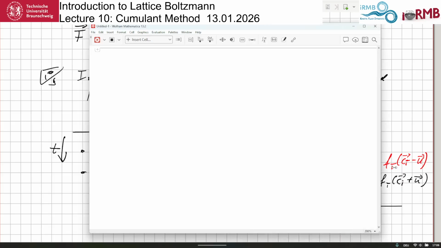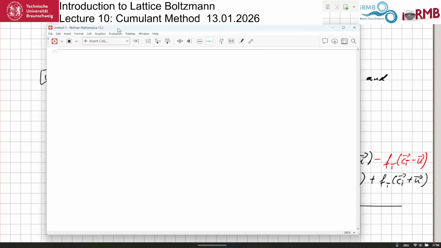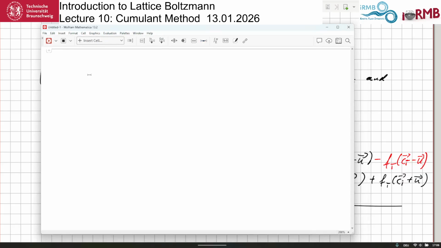So now how do we get, now let's try to bring this to a practical use. What we learned with the chain rule, and fortunately Mathematica is doing this for us. So let's look at this.